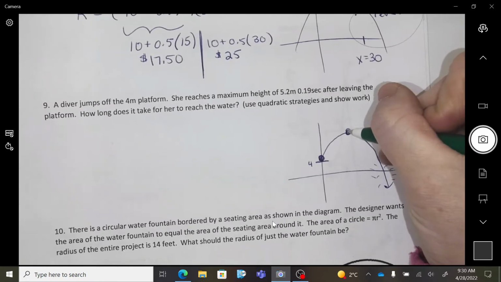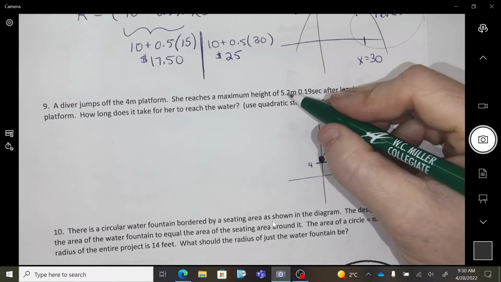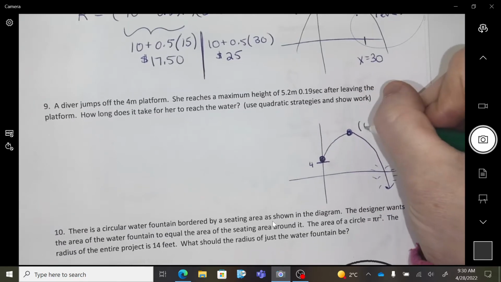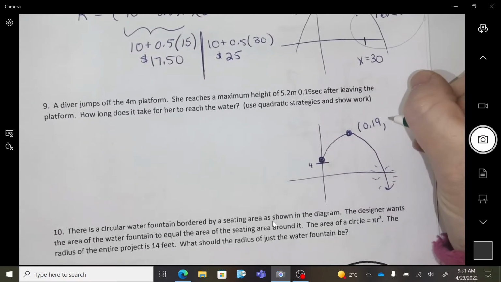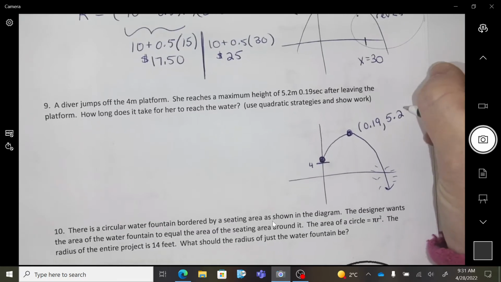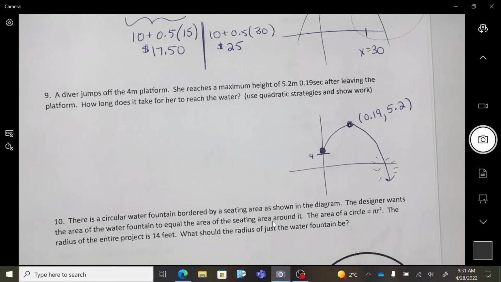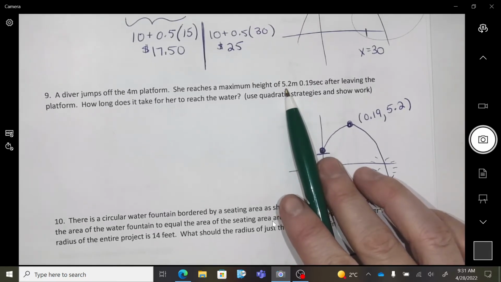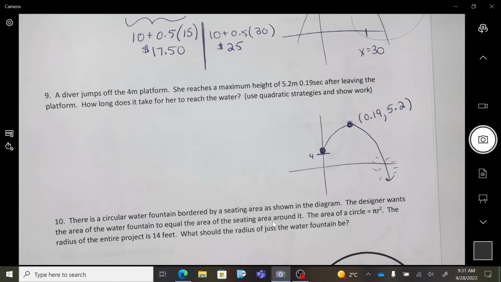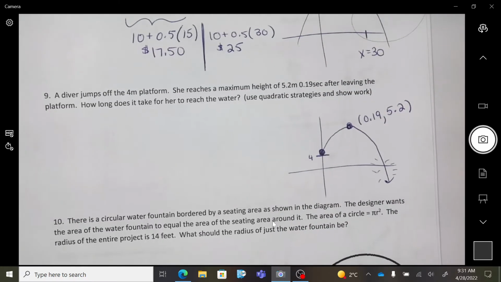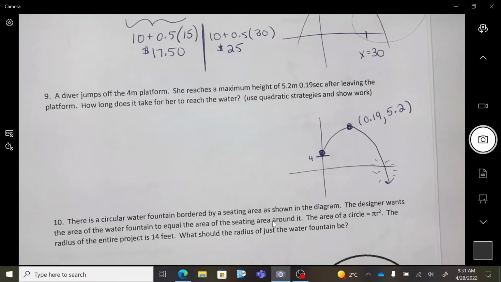They reach a max height of 5.2 meters, 0.19 seconds later. Okay, so be careful, 5.2 is the Y, not the X, because height is the Y. X is the time.